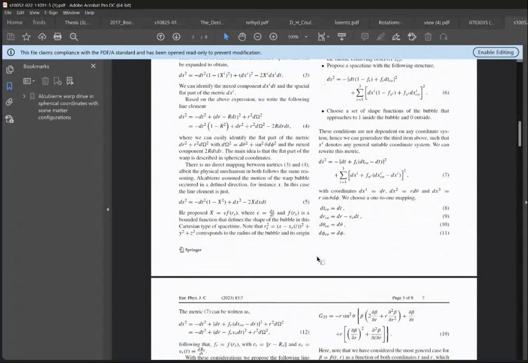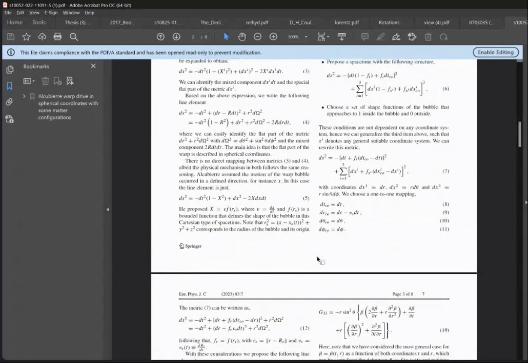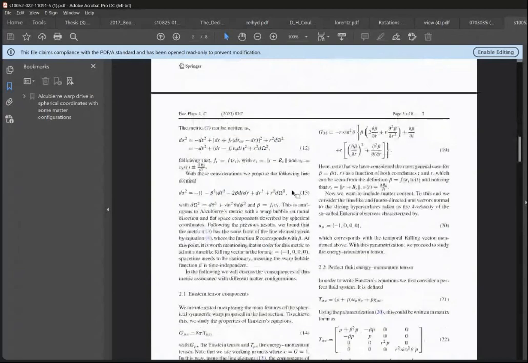So basically, we did some very simple algebra, and you end up with this line element here. This is the one that we propose, where this beta is basically the same f function that we have in Alcubierre, something similar, multiplied by the velocity. But what we agreed was, let's not say that this is necessarily just velocity times the form function.